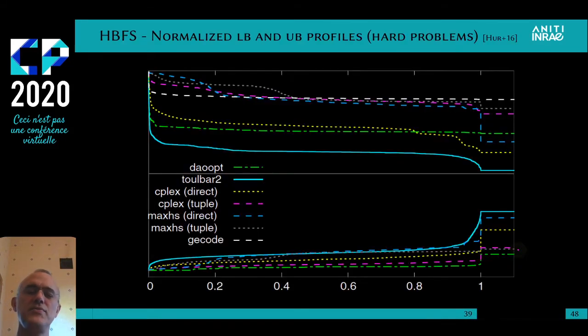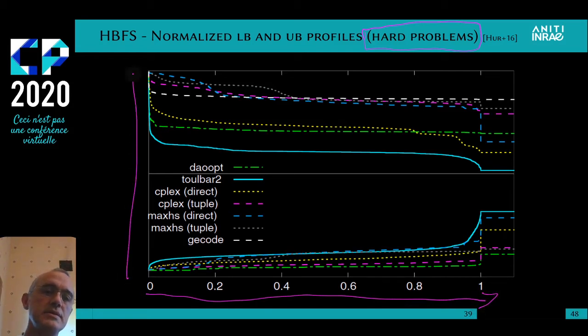And this is a very dense representation of the results on the subset of problems where the CPU times are not negligible, so sufficiently hard. And this is time, and we normalize time for all executions. And this is the upper and lower bounds which are available, normalized around the best upper bound found by any of the solvers.